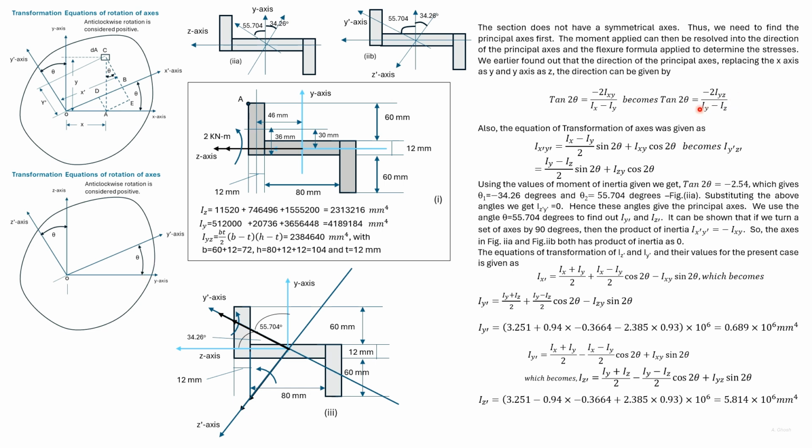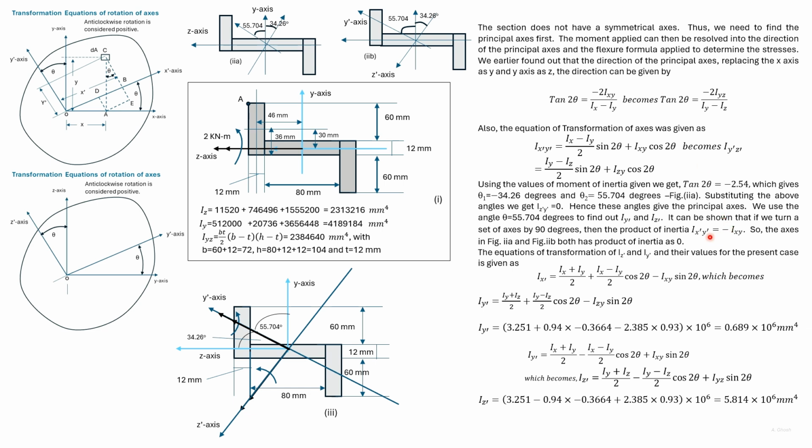So the angle at which the product of inertia is zero is given by this expression. Find tan 2 theta and two values of theta that satisfy this equation. The negative value means clockwise rotation and the positive value counterclockwise rotation.